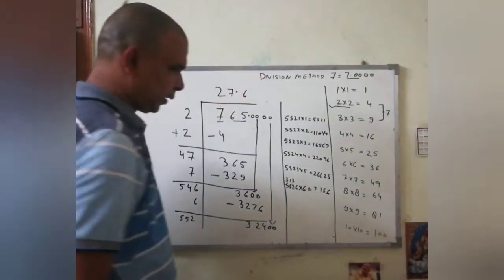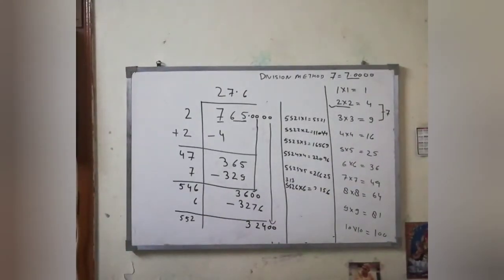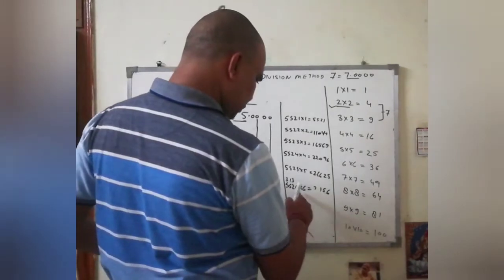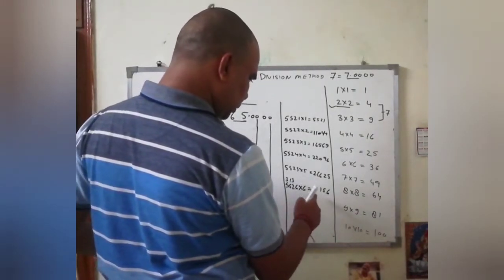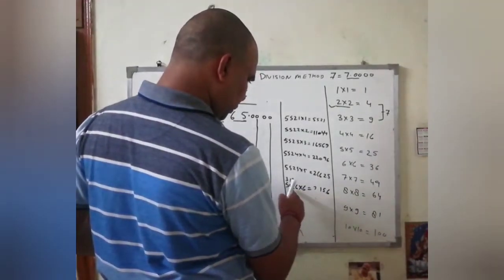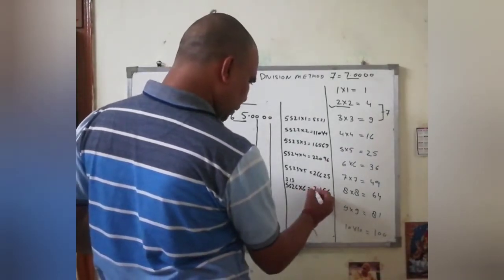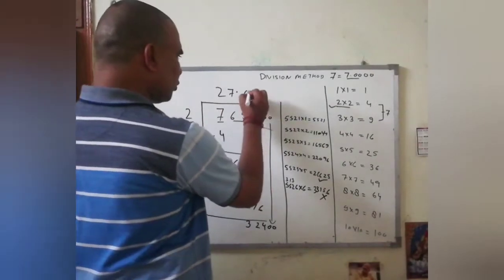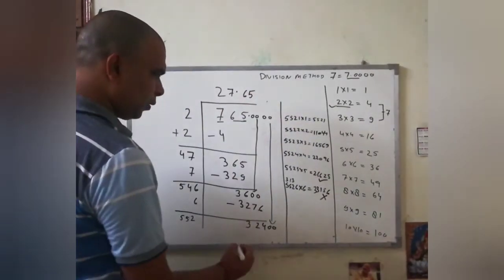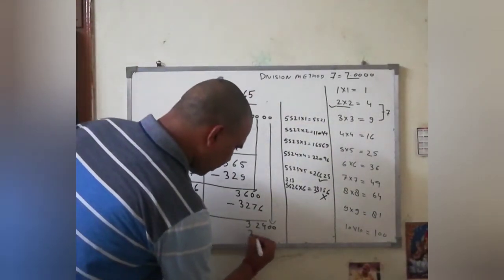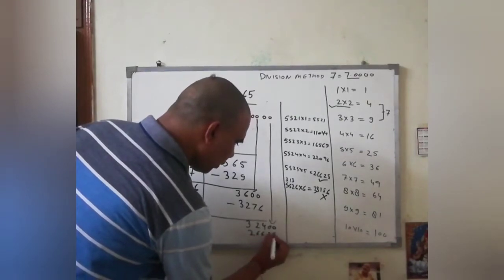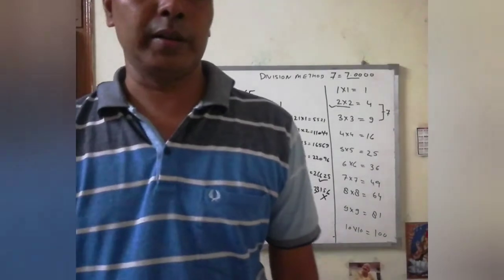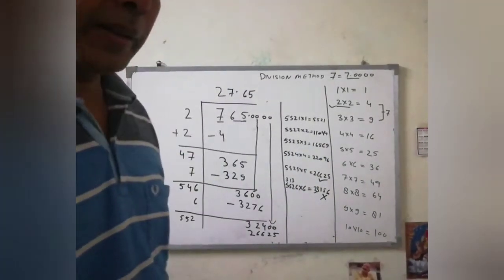I think it's exceeding. Check calculation. So I think it should be just 36. It's exceeding. It will not take it. We will take this 27.65. Whatever number you can write. So finding the square root is not a big task.